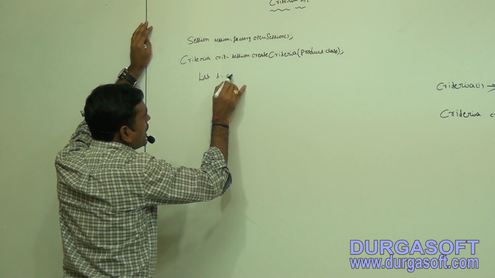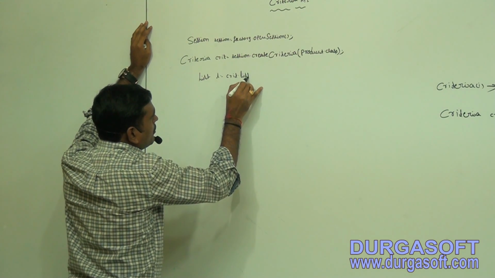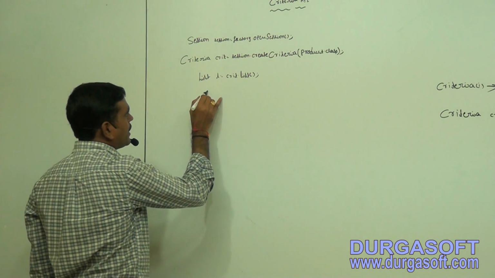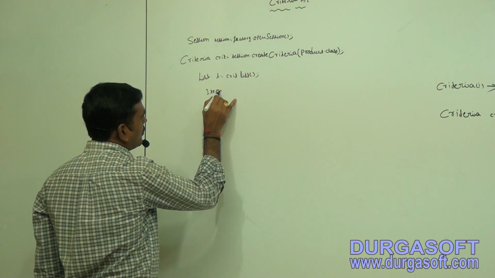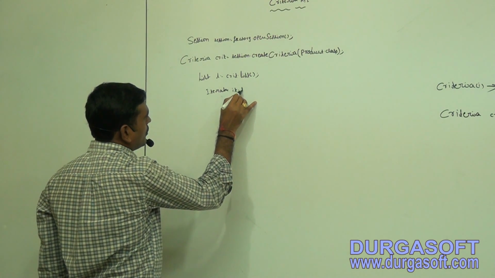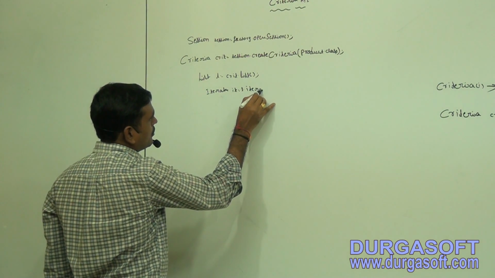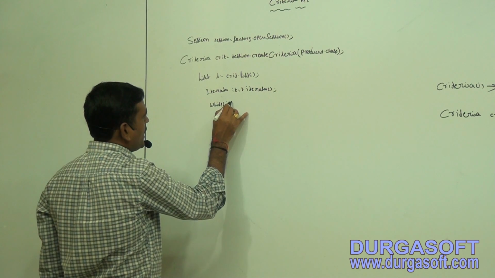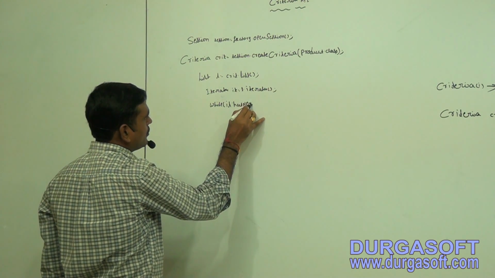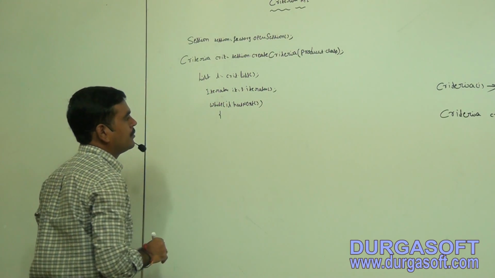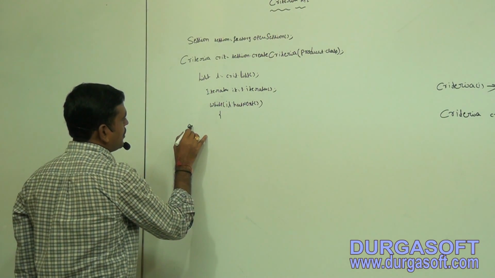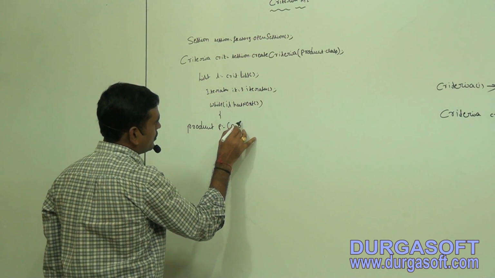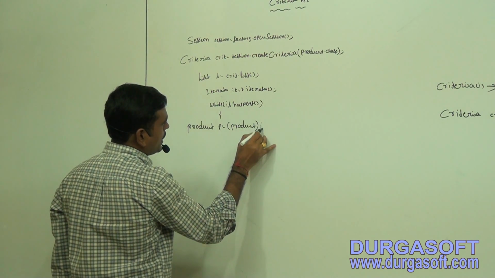List l is equal to crite dot list. After that, Iterator it is equal to l dot iterator. While it dot hasNext, the next we need to typecast to Product. Product p is equal to (Product) it dot next.